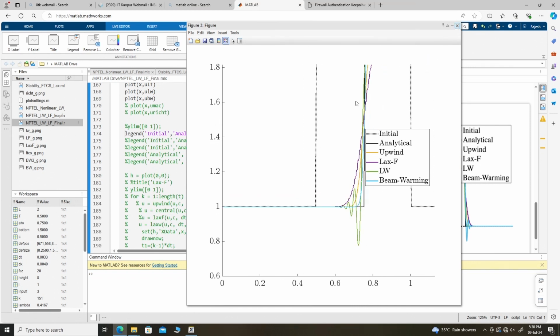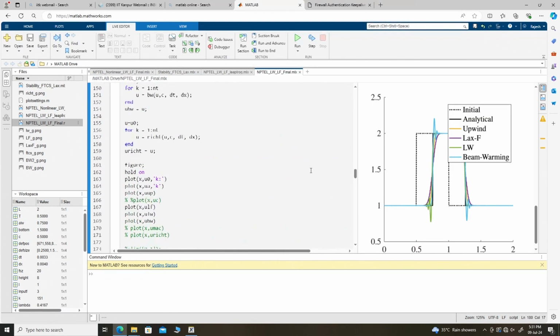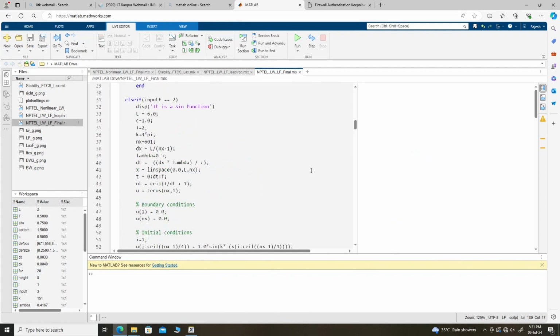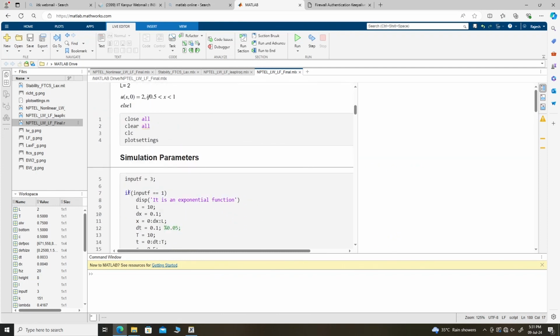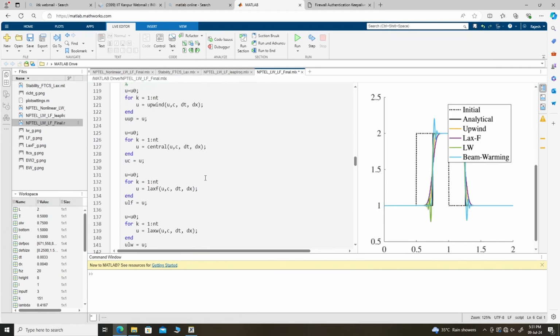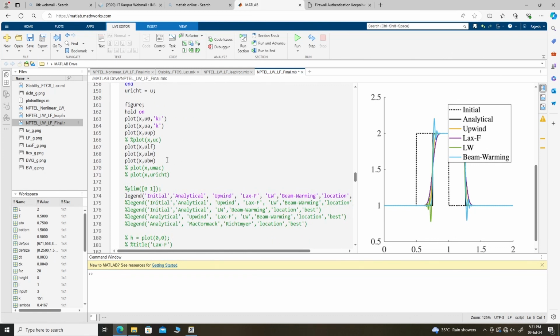The final thing that I want to show you is basically the McCormack and the Richtmyer schemes, which are two-step schemes. As we have discussed, for the linear problem it is like your Lax-Wendroff scheme. So, let us see if we are seeing the same thing. I'll close all these things and only open this McCormack, and let's see how it looks.